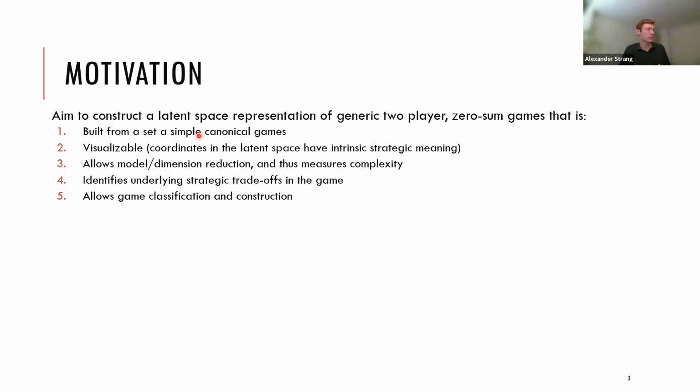Once this is accomplished, then these methods enable further investigation. Once we can visualize and represent games in this way, then we have a unified way of representing games in terms of this simple combination of simpler games. And so that enables game classification. It points towards different methods for game construction. It allows interpolation and extrapolation of advantage relationships based on sample data.